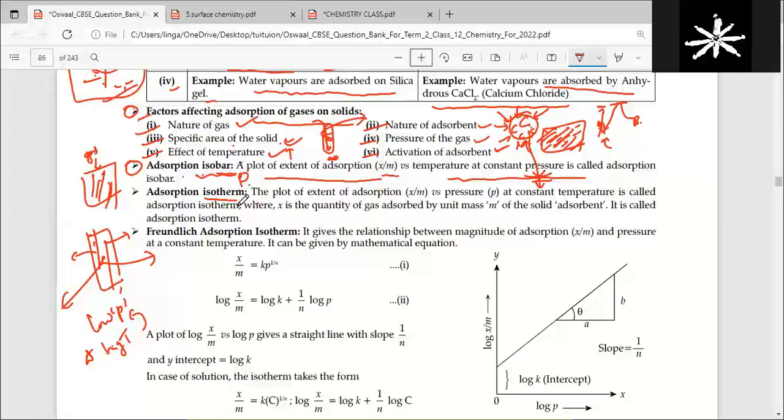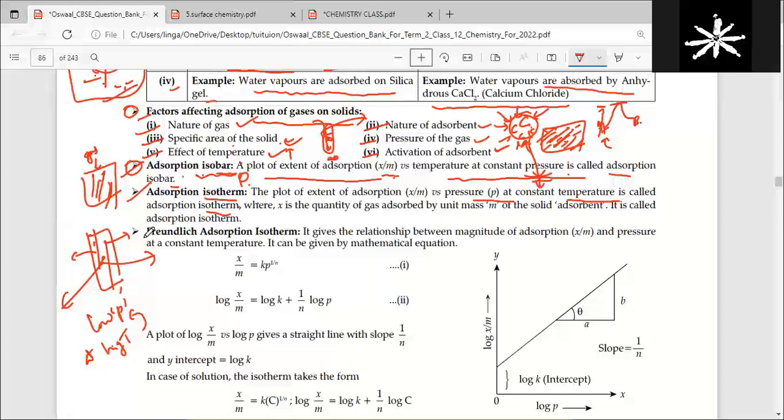The plot of extent of adsorption versus temperature at constant pressure is called adsorption isobar. The plot of extent of adsorption x by m versus pressure at constant temperature is called adsorption isotherm. First of all, are these two definitions clear?